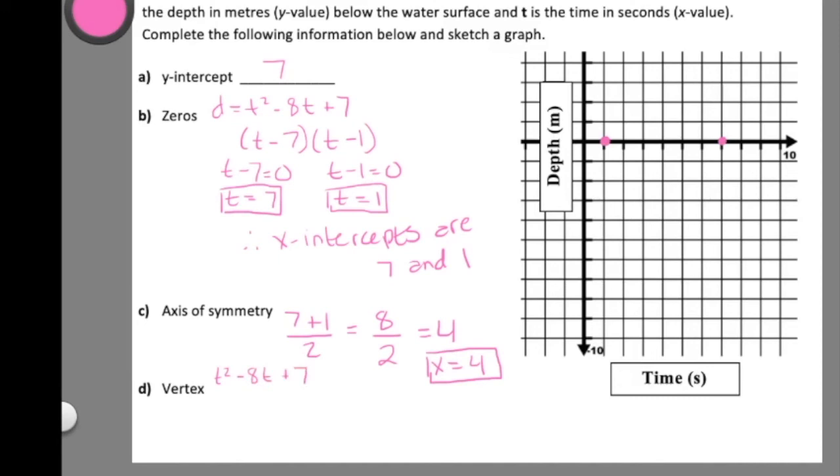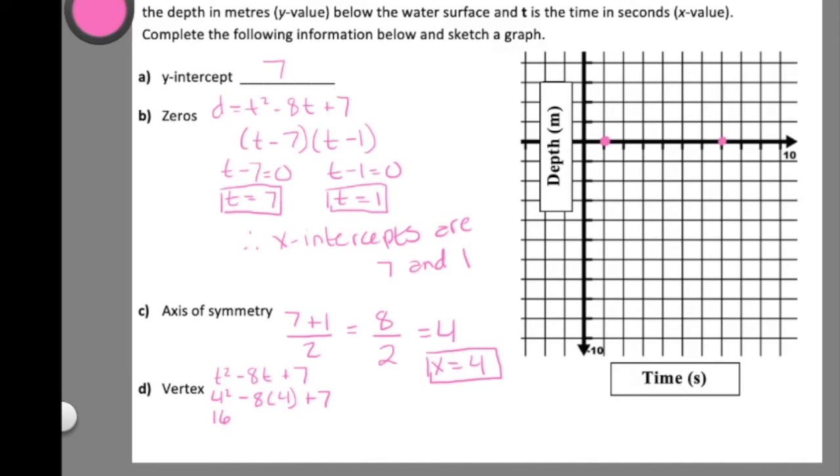My t is going to be x here, right? So if x is 4, I put 4 squared minus 8 times 4 plus 7. Once we solve this, we'll have the other coordinate of the vertex. 4 squared is 16.